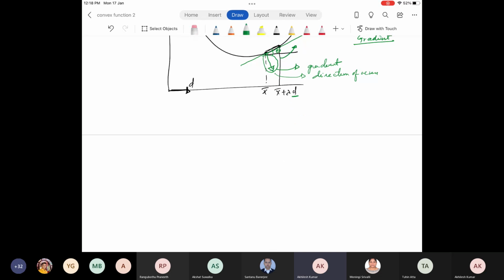But before we get into subgradient, I remember when I was talking about convex functions, someone said something and I kind of ignored it. I didn't talk about it at that time. That was about epigraph and hypograph.